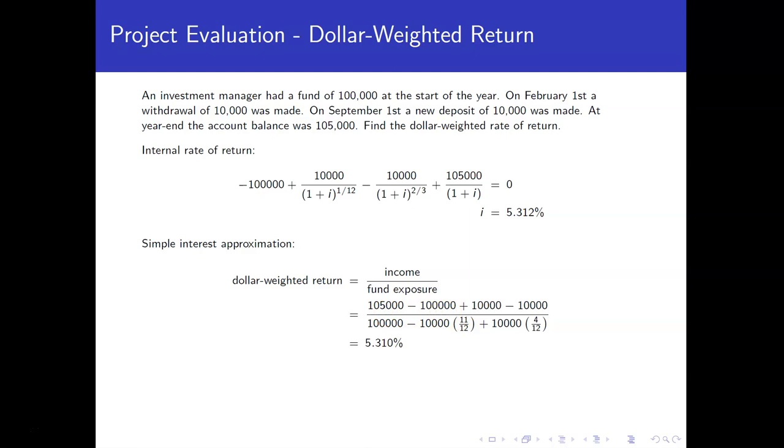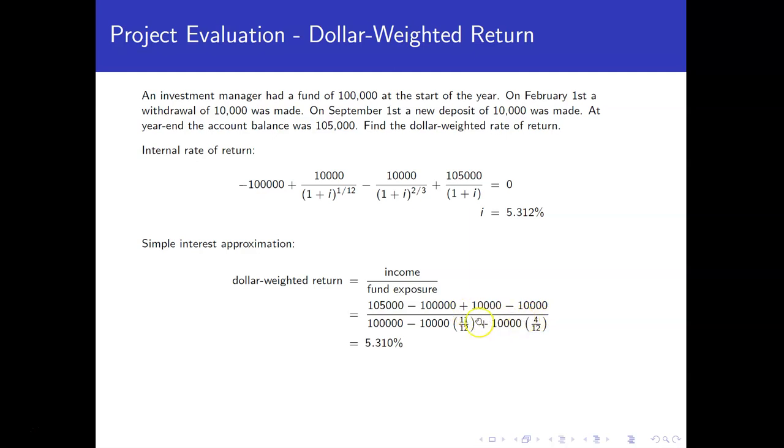However, we also have to take into account what changes in this final balance. So we took $10,000 out of that account, so we would want to add it back in as far as income goes. We also put $10,000 back into the account, so we want to take it back out as far as that goes. So again, this $105,000 here is affected by a withdrawal that we made and a deposit that we made.